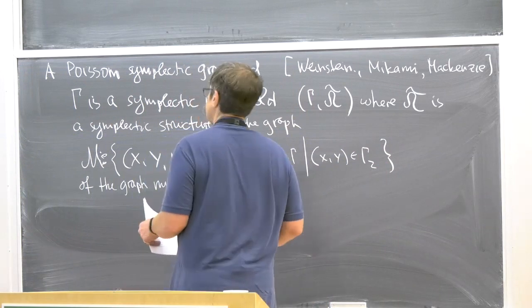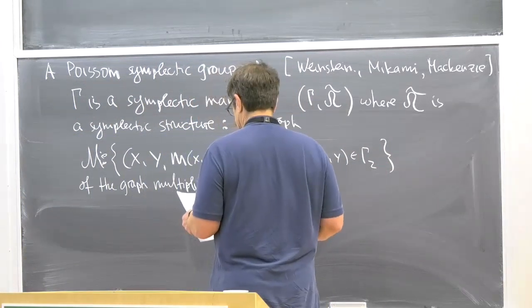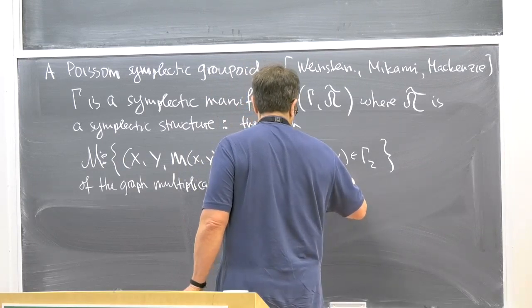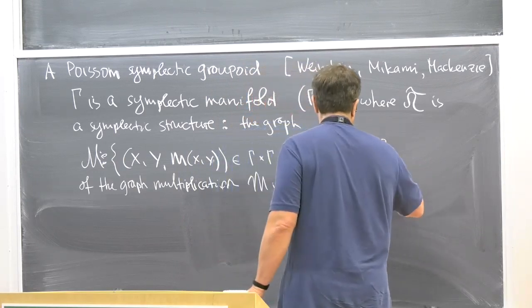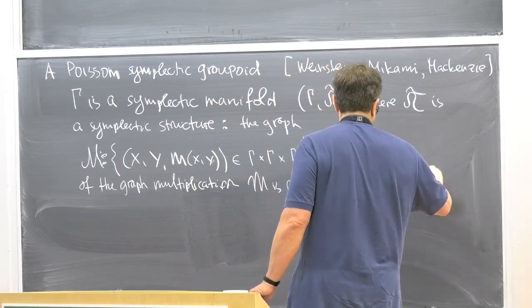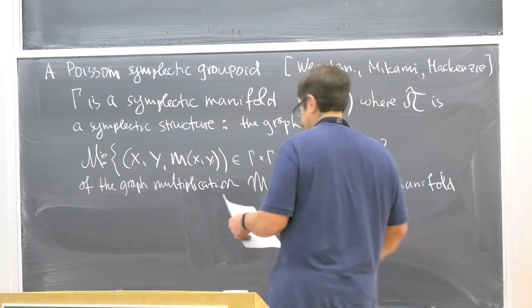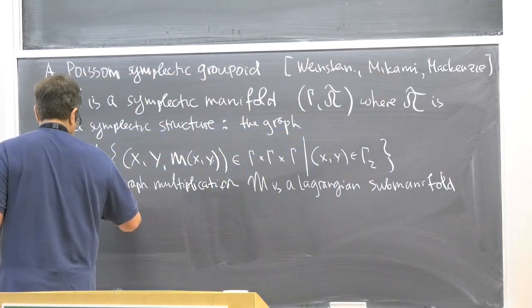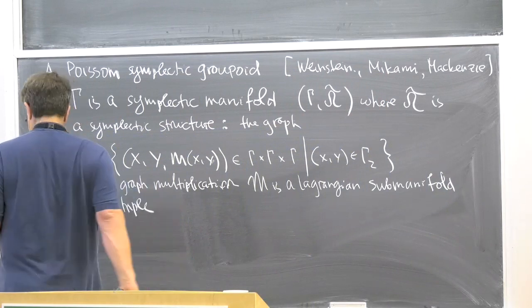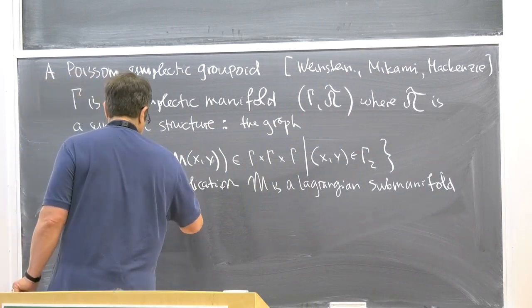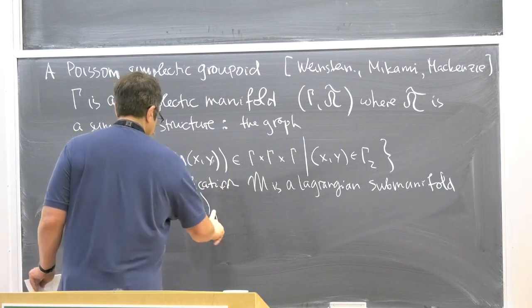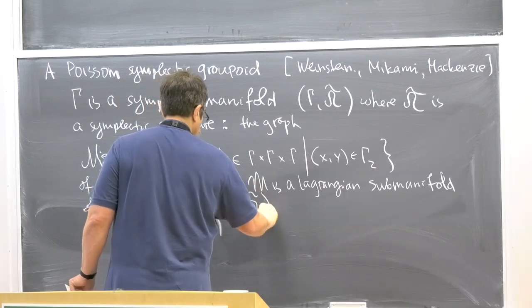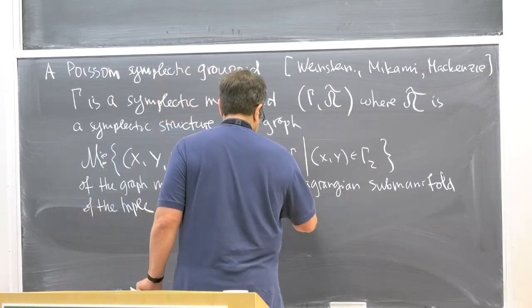And M is a Lagrangian submanifold of the triple Gamma omega and Gamma minus omega.